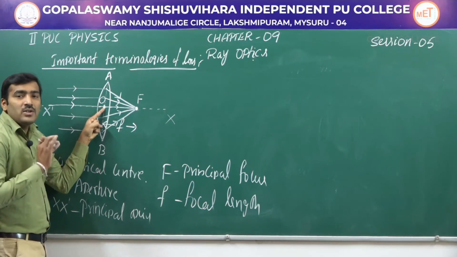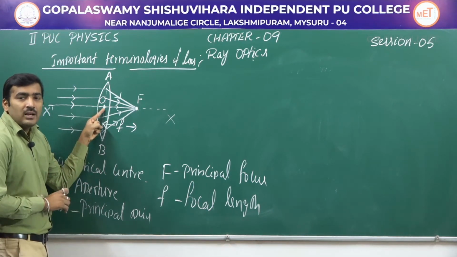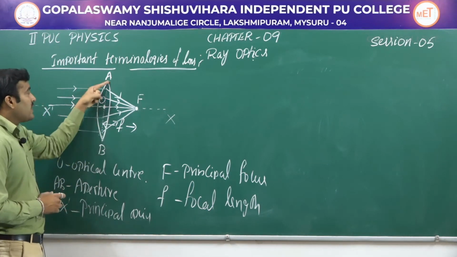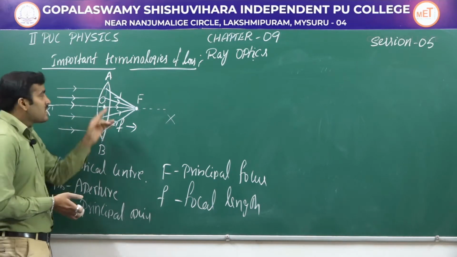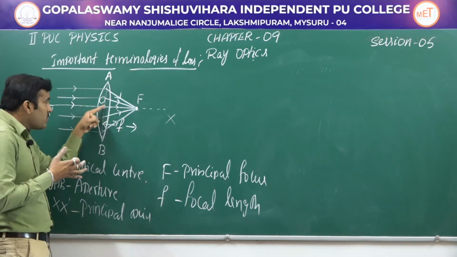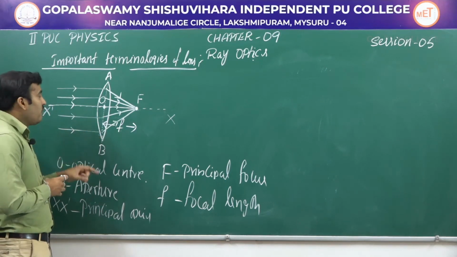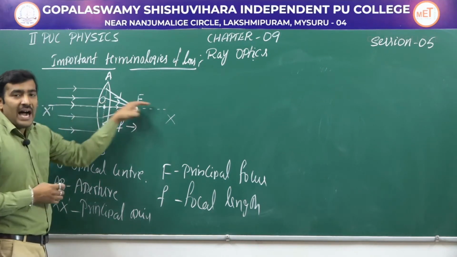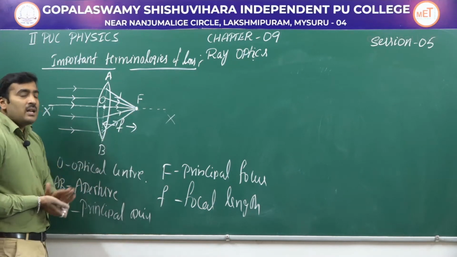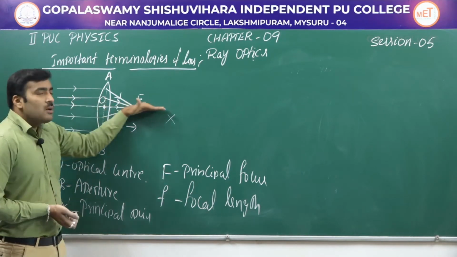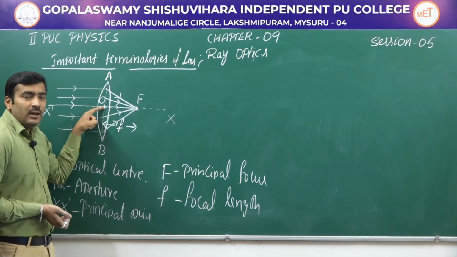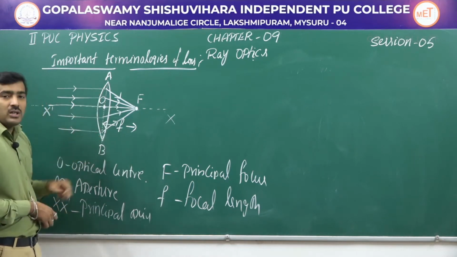Optical center is the geometrical center of the lens. Then we defined what is an aperture. Aperture is a line, or it is the effective diameter of the lens. Then we defined what is a principal axis. A principal axis is an imaginary line which is passing through the optical center and perpendicular to the aperture.